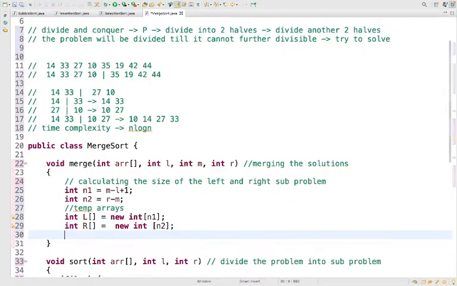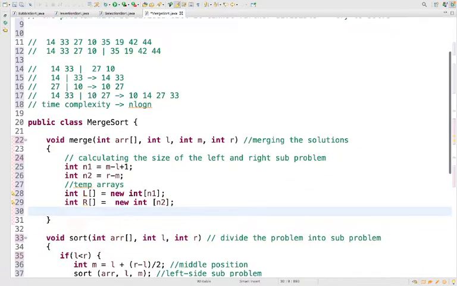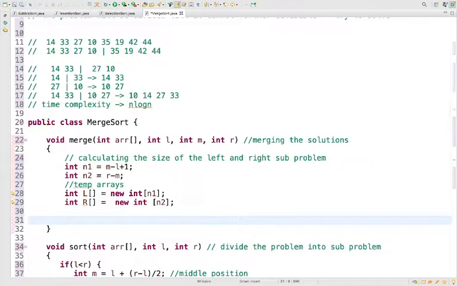So we are defining temporary arrays where we are going to store the sorted arrays. And then from the original array that we have, we are going to copy these values here, so copying the data into subarrays from the original array.